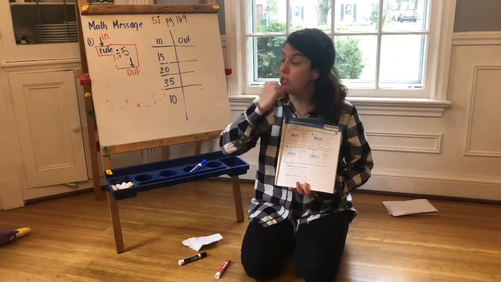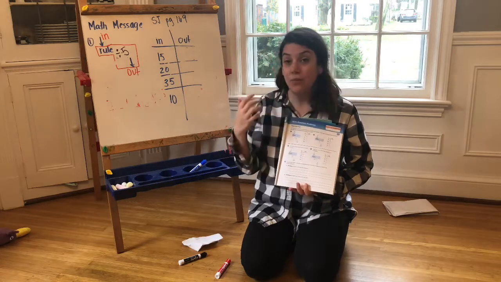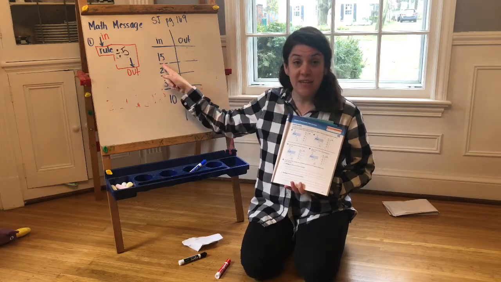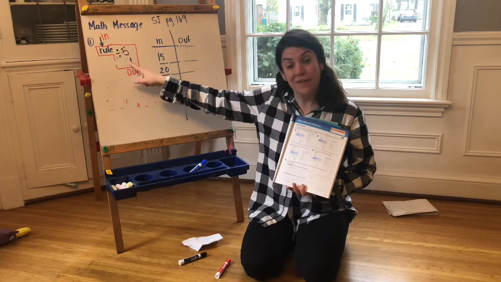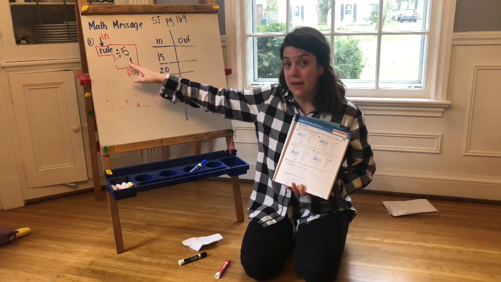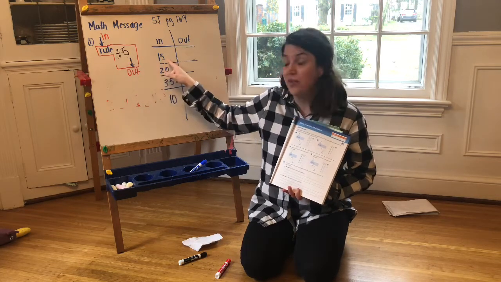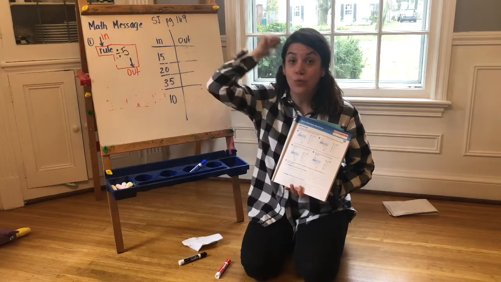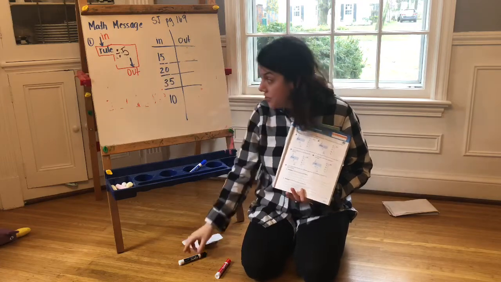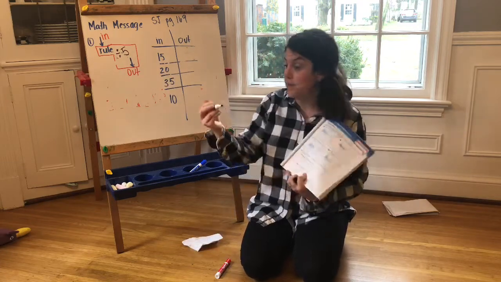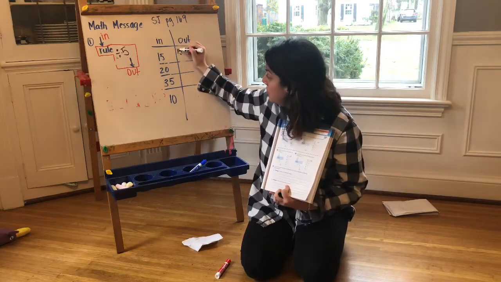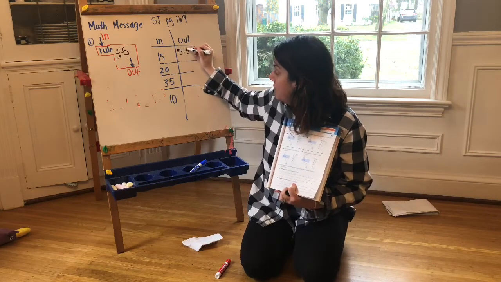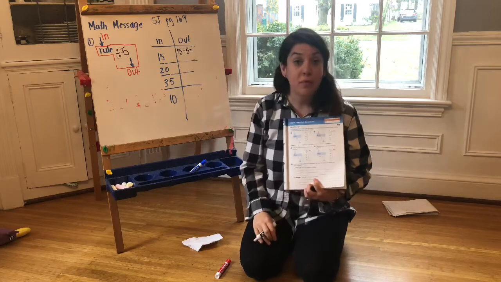Number 2 is saying that the rule is that you have 15 in, and you're going to take 15 and divide it by 5, and whatever that number is is who's out. So if we think about what is 15 divided by 5, 3.